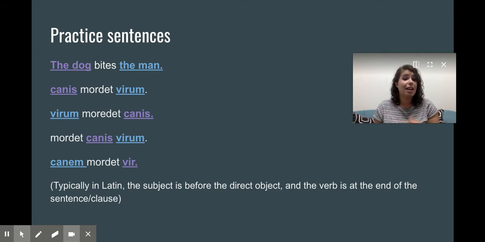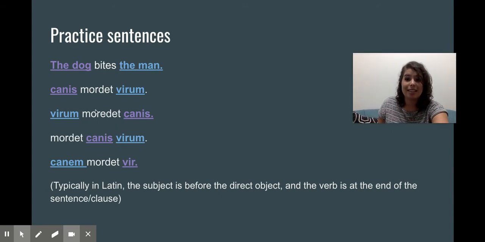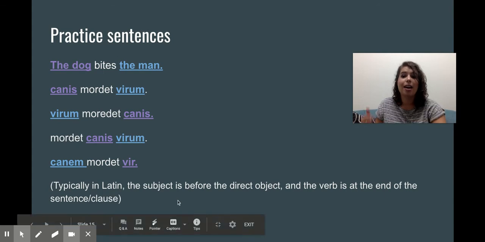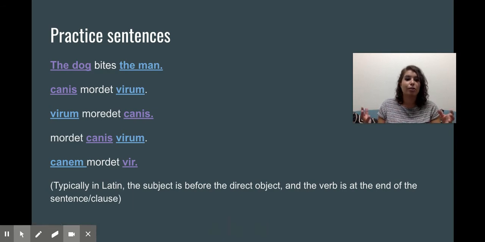And then something that is different, though, is that Latin often likes to have its verbs at the end of a sentence or clause. So the nice way to write this sentence in Latin would be canis virum mordet. That would be the standard way to have that sentence in Latin, where you have the subject first, then the direct object, and then the verb.